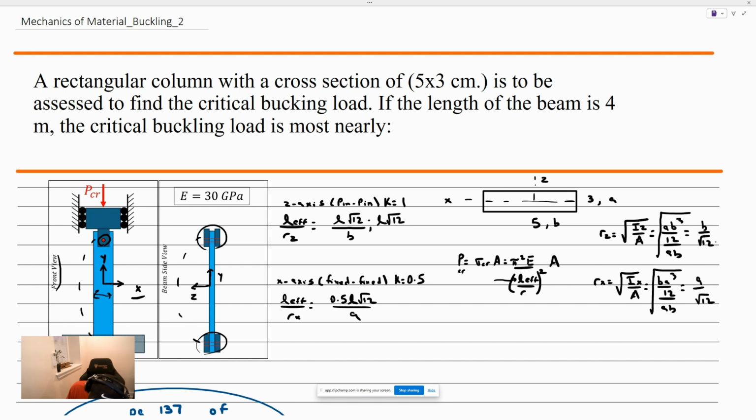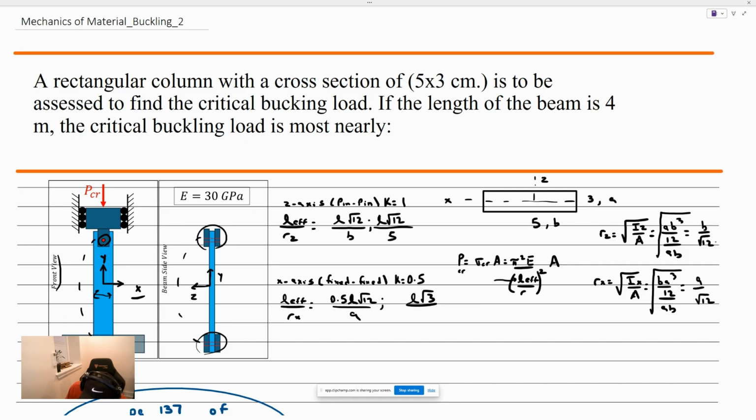We have L root 12 over the B value, which was 5. And here we have L root 12 over, we can take the 2 and put it in the denominator, so this is just 12 over 4. That's the square root of 3.